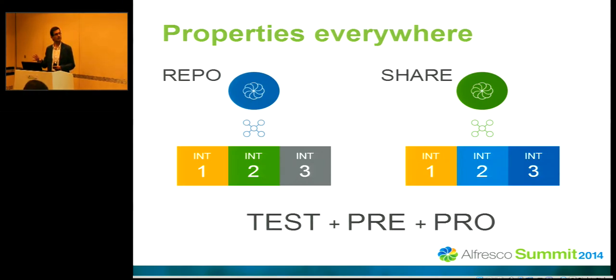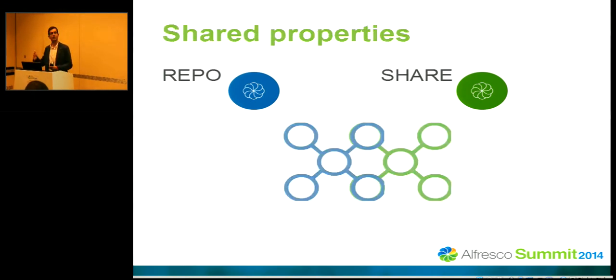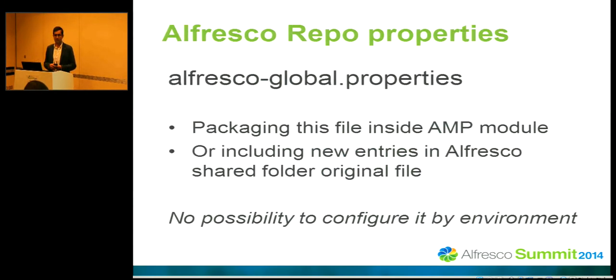For repo artifacts or for share artifacts, we have properties targeting different systems and different environments of each system. Even we have shared properties between repo and share artifacts that need to be in one place, because if they are in every artifact, we can fail.